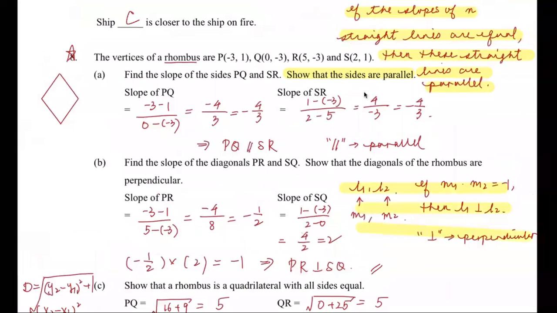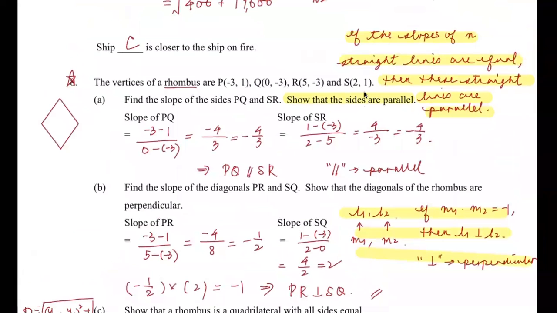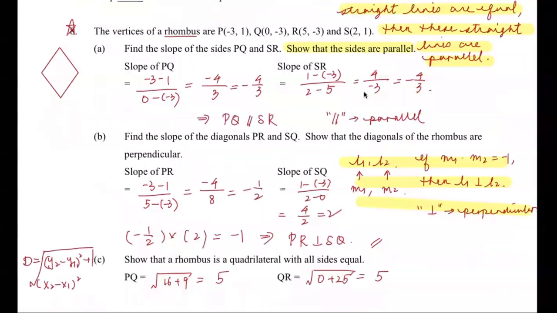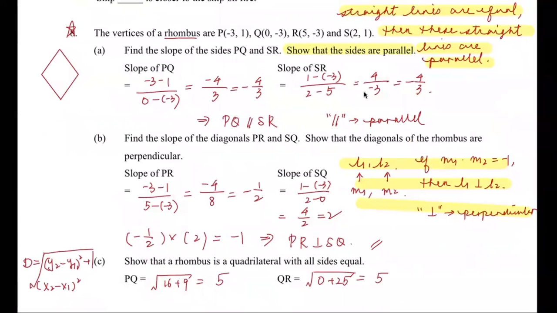So how do we use the slope of straight lines to prove that they are parallel or perpendicular? Okay, if the slopes are equal, then the straight lines are parallel, okay? If the product of two slopes is equal to -1, then that means the two straight lines must be perpendicular, okay?